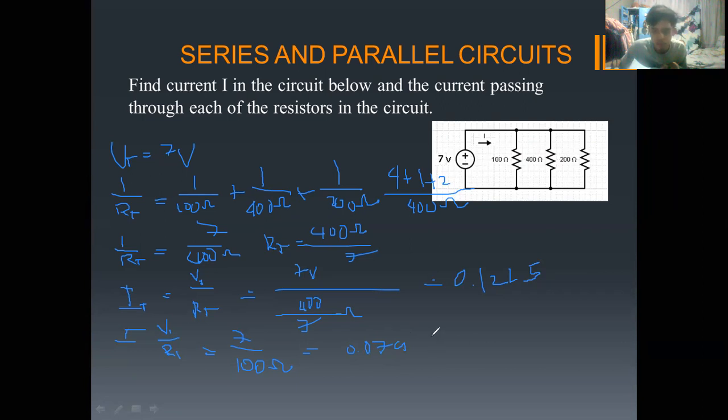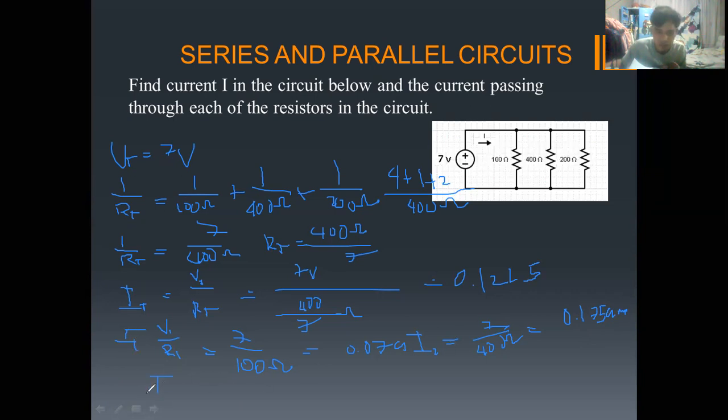Tapos, ganun din sa I2 natin, equal yan sa 7 over 400 naman, equal to 0.0175 amps.